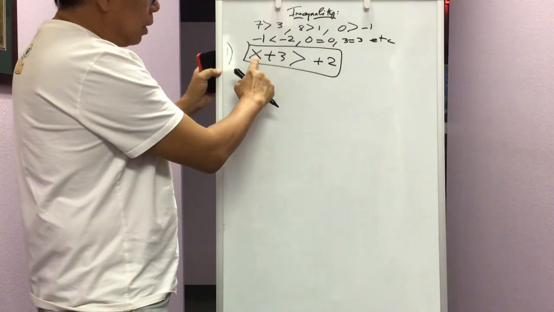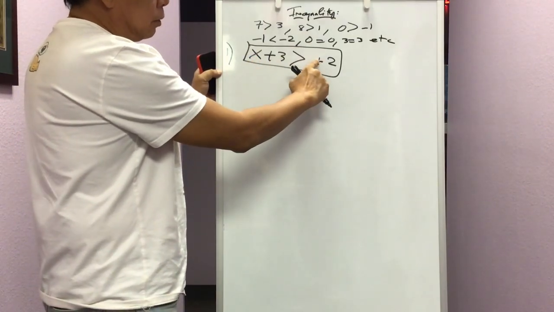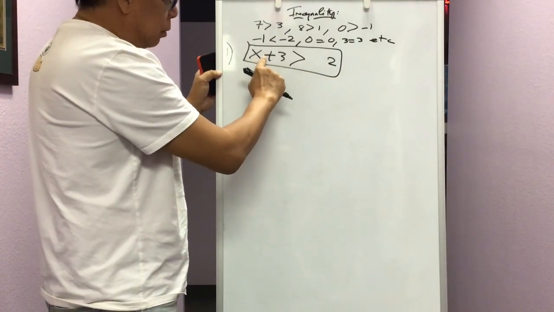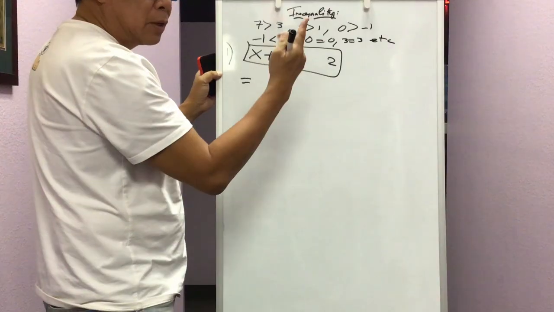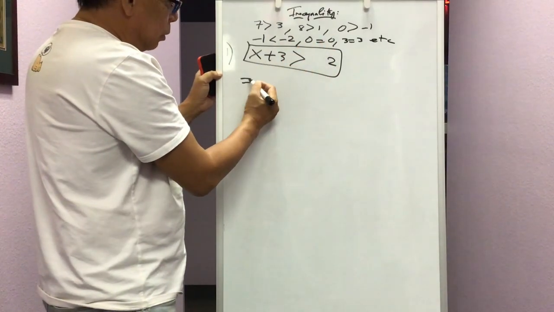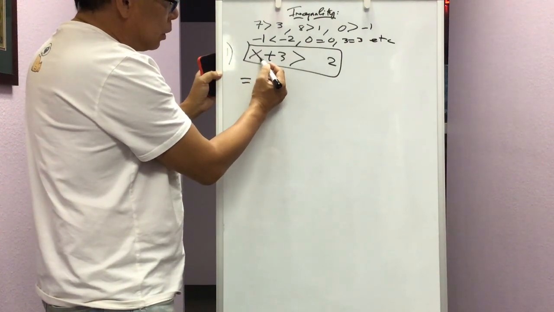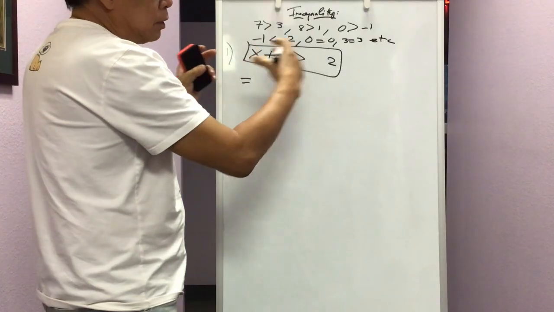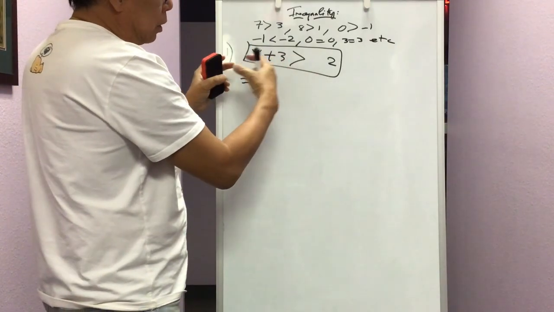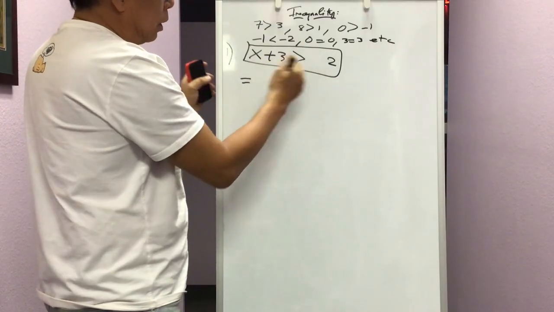We need to find the value of x such that x plus 3 is greater than 2. With equality you usually have a single value, but with inequality you have a region of x. The solution should be several x values that satisfy the inequality.